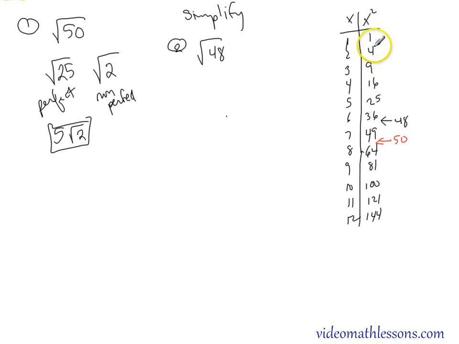Well, I know 4 goes into 48, and it definitely does. So they pull out the 4, and then they say, what does that make? I got 12. But the problem is you can break down 12 again. The 12 would be 4 and 3.